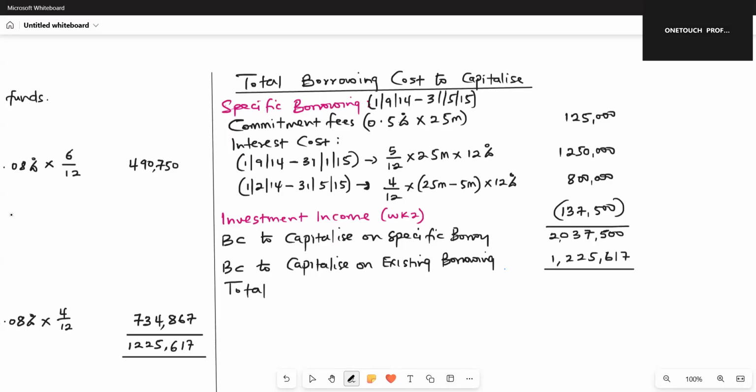Just write down the figures and total borrowing cost.